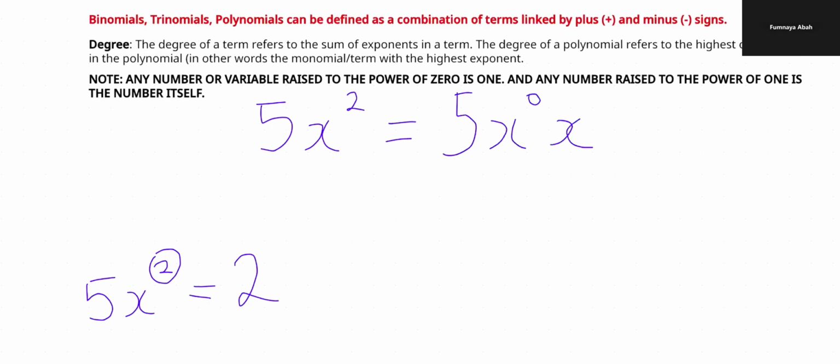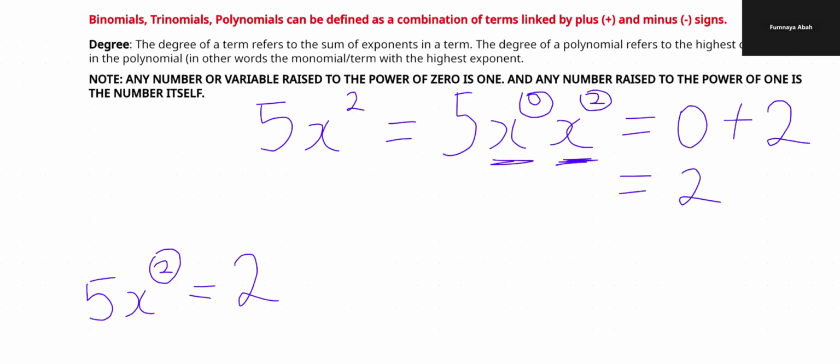So if we look at this term now, looking at these two variables, we have x raised to the power of 0. So we have 0 as the exponent of the first x. And then we have x squared, so the exponent of the second x is 2. So 0 plus 2, and 0 plus 2 is 2. So that's how we arrived at 2 in both cases.